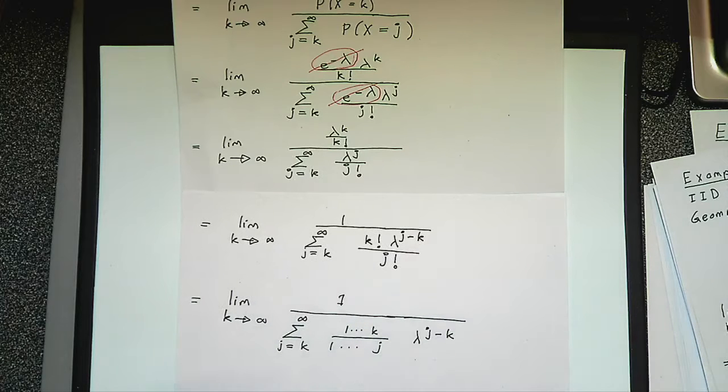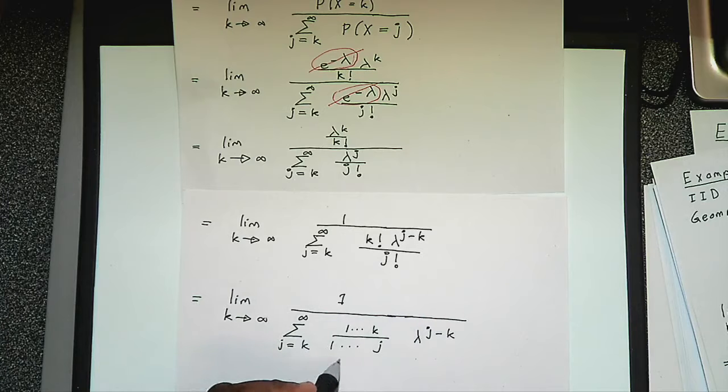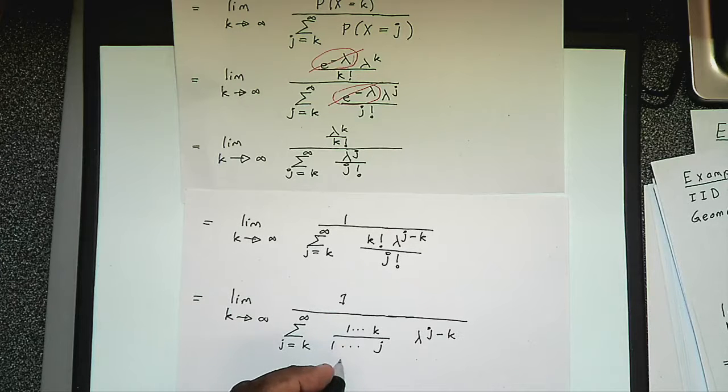Now, j is a number that is greater than or equal to k, right? So you can see that k could be somewhere here, right?